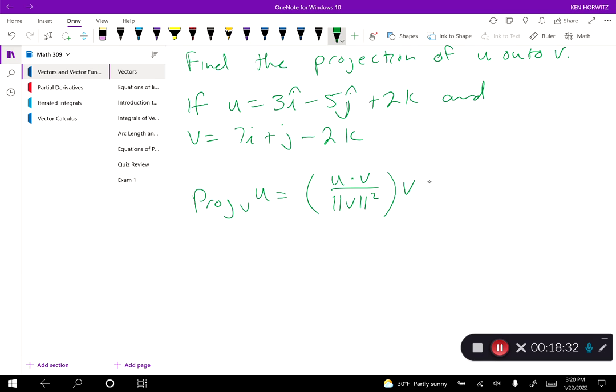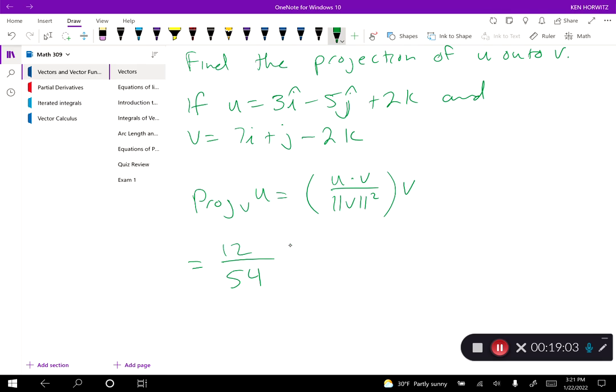All right, so why don't we pause the video at this point. Let's do U dot V and the magnitude of V squared, and we'll talk about the answers on the back end. Okay, hope you took some time to do U dot V. For U dot V, I got 12. For the magnitude of V squared, I got 54, which basically is the magnitude, but not taking the square root.